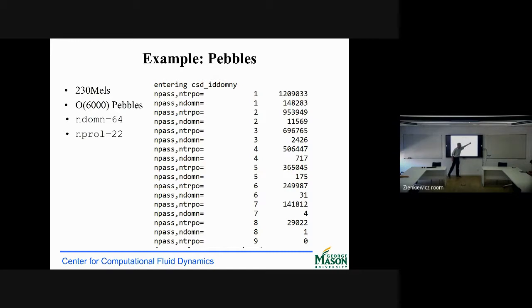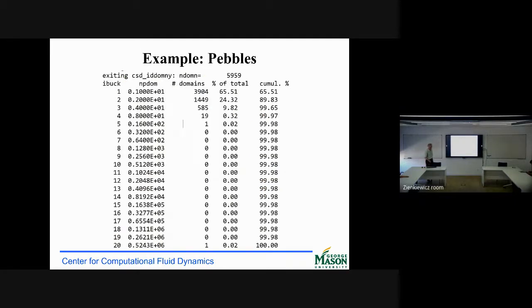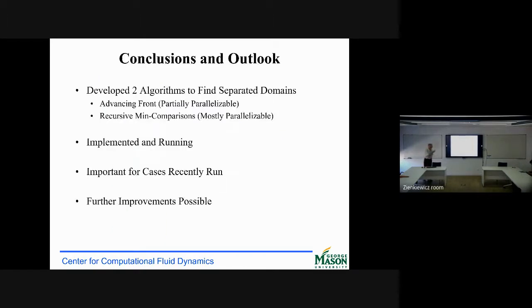After one pass, you're down to 148, and then you continue to the remaining domains that you have. If you now look at the number of elements or points, you can see many of these objects only have very few points, and the final domain has this very large number of points, 52 million.